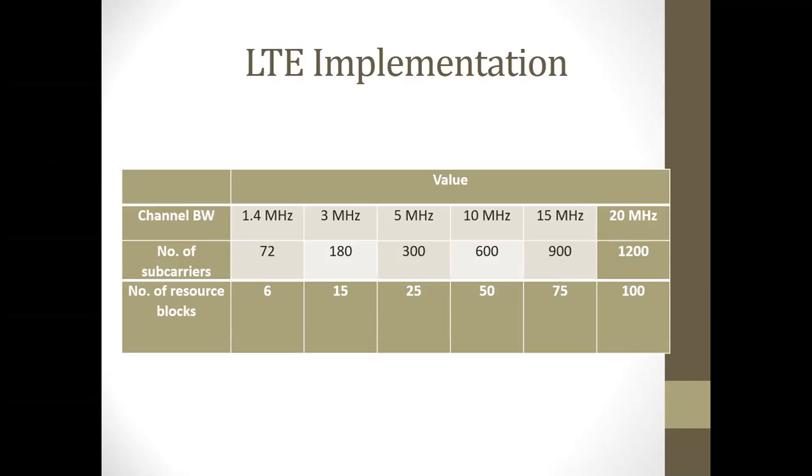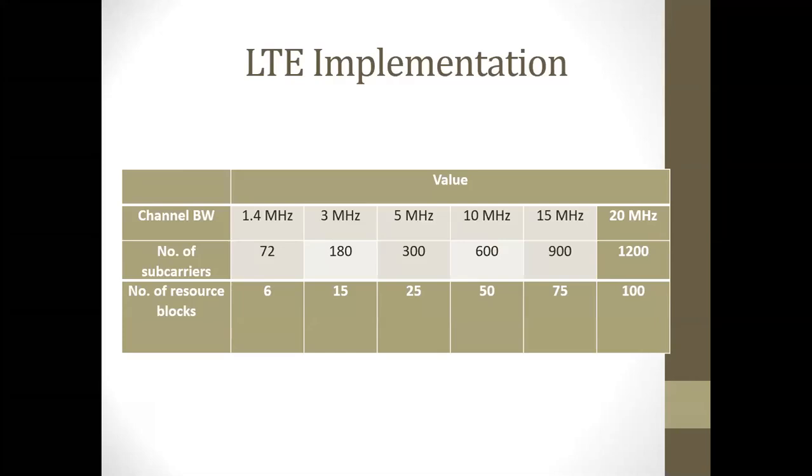It is also called scalable because you may be currently deploying 5 megahertz, but you have got more users or more customers, so you want to increase the capacity. So you purchase more frequencies from the government, and if that is the new bandwidth you have got, it's just next to your current spectrum. Maybe you previously had 1920 to 25, and another 5 megahertz you have got from 25 to 30.